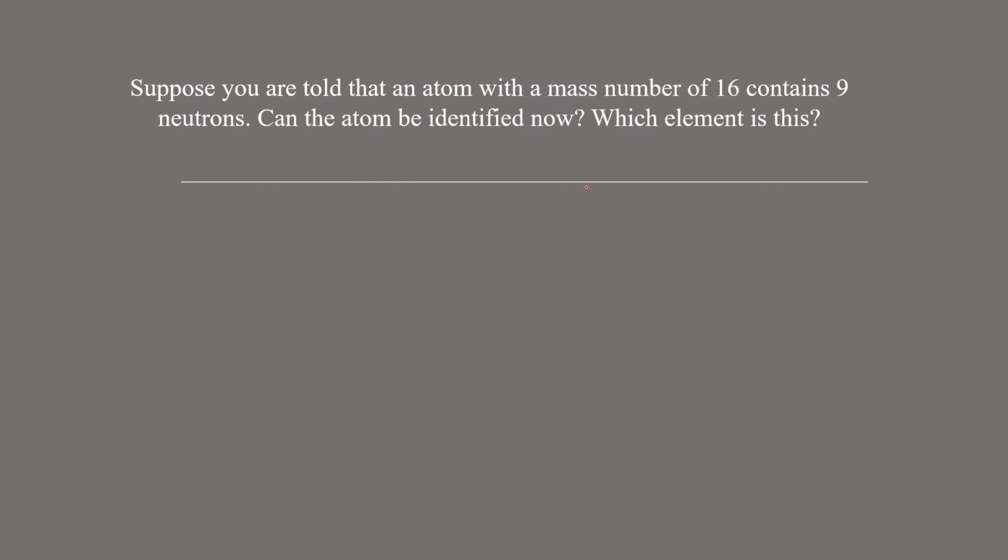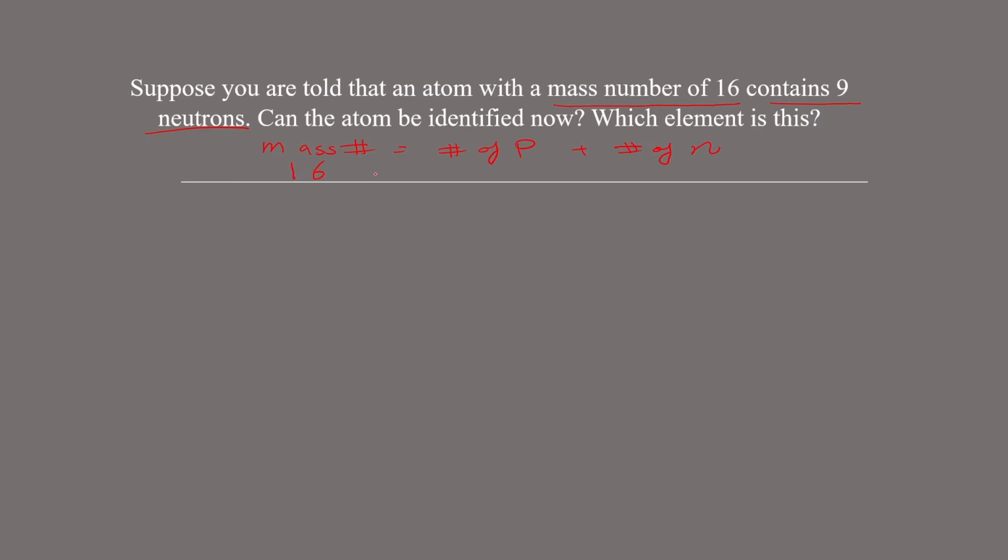Okay. Now, for the same information where before you were told that there's an element with a mass number of 16, now the extra information is given that it also contains 9 neutrons. Can the atom be identified now? Let's see. So we have the mass number, which is equal to the number of protons plus the number of neutrons, right?